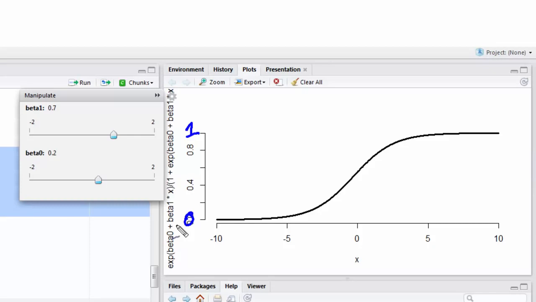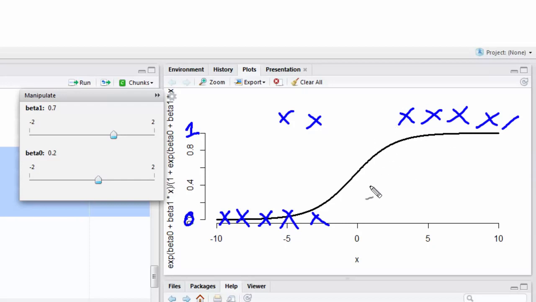So imagine for this x regressor here, I have a bunch of zeros down there, but maybe I had an occasional one, but then over here I have a lot more ones, and then right here I have some zeros.